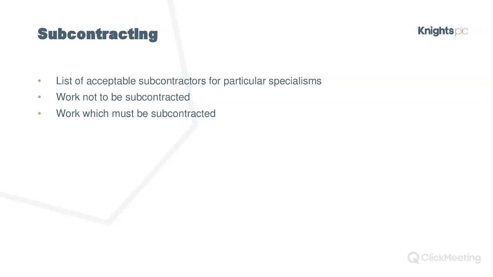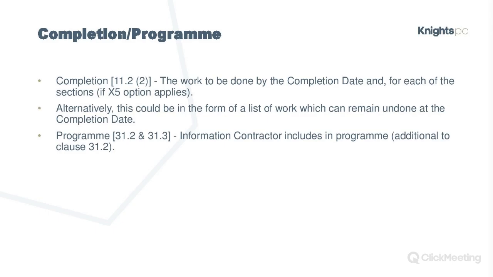So, you know, be careful about that. If you go on and subcontract work and the works information says that you can't, then it's the same as with any other contract. You've not complied with the contract, and therefore it's a breach of contract, and the employer can claim damages that result from that breach.